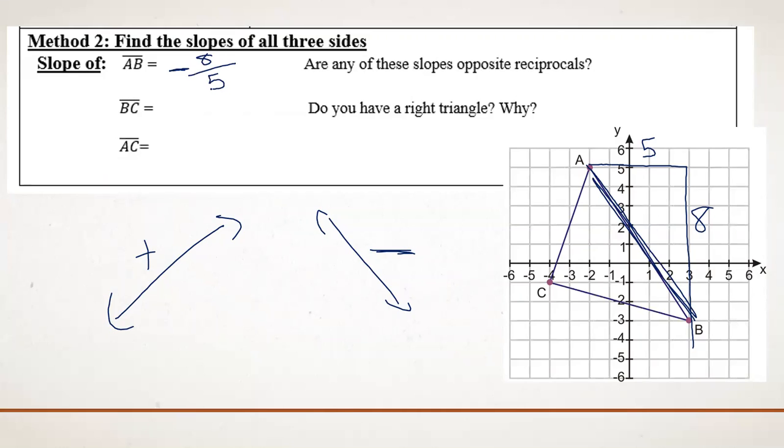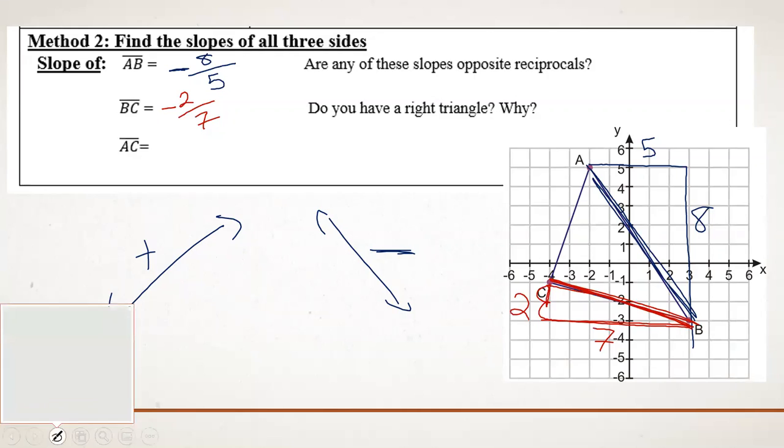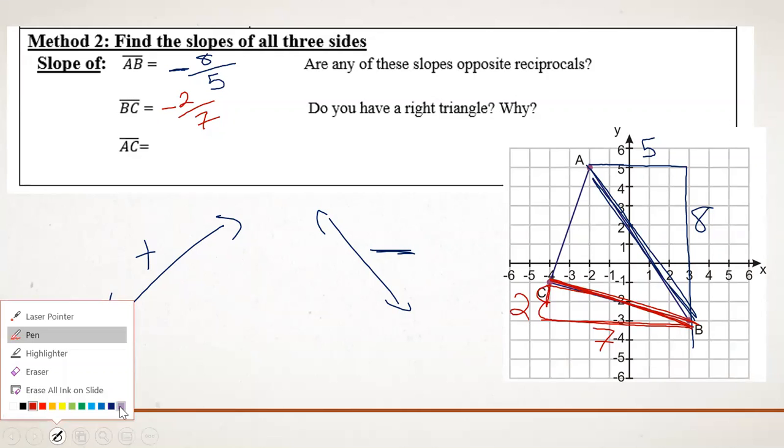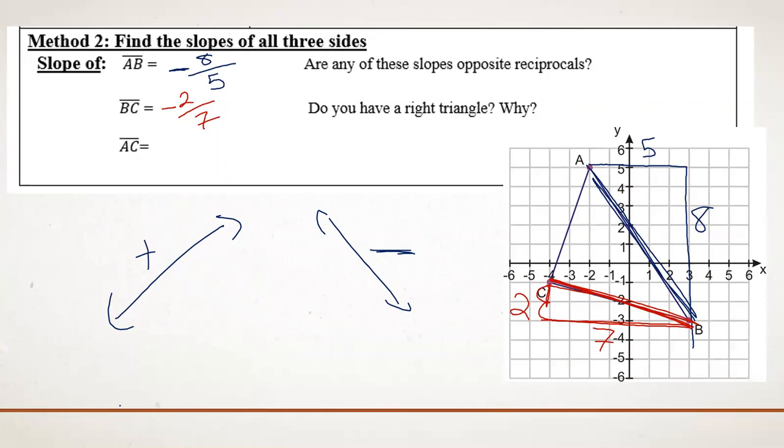Rise over run, vertical over horizontal. BC or CB is also negative. It's going down. So make sure you write that negative. Here I go down 1, 2, and over 7. Negative 2 over 7. And I check neither of those can reduce.